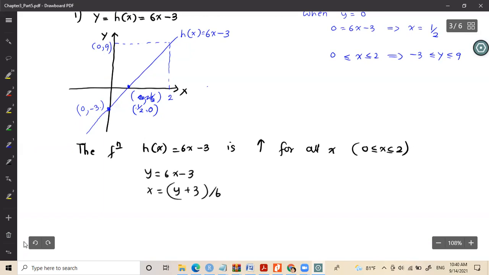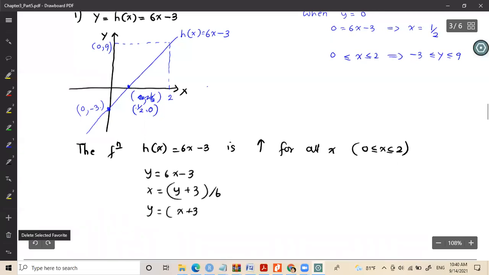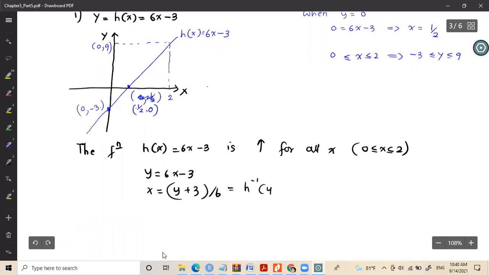So when you replace the values with the inverse, you can write this as h inverse of y. Therefore, x is y plus 3 over 6. That means y plus 3 over 6 is in between 0 and 2.